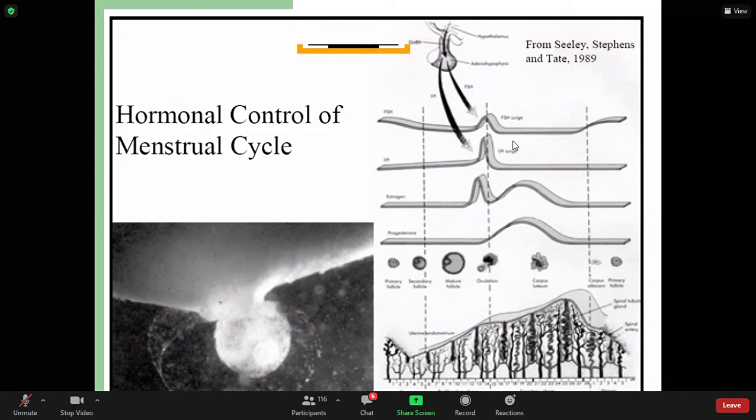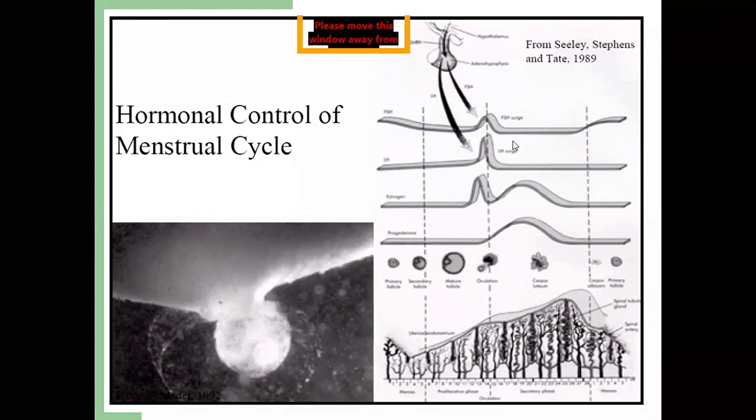So you will have the so-called proliferative phase in the first part of the menstrual cycle. So pag hindi pa siya nag-ovulate, yung uterus or the uterine epithelium, no, will be in the proliferative phase.